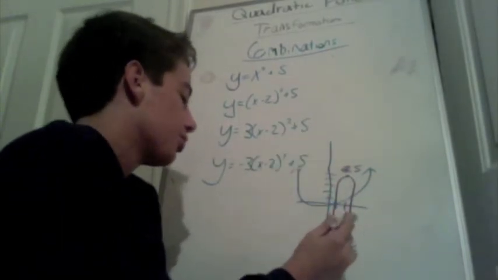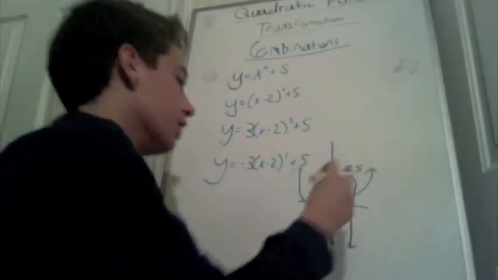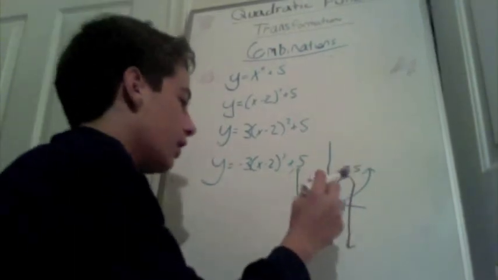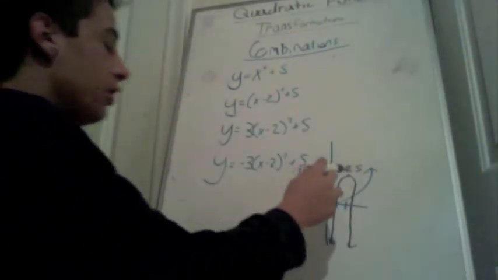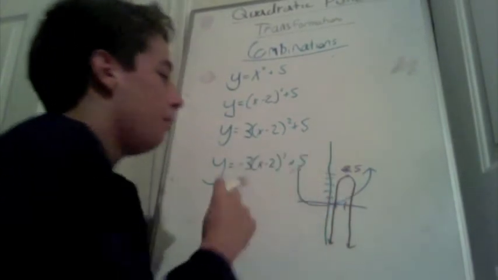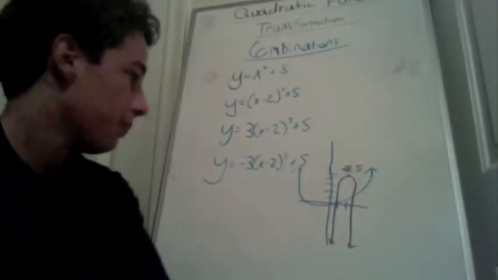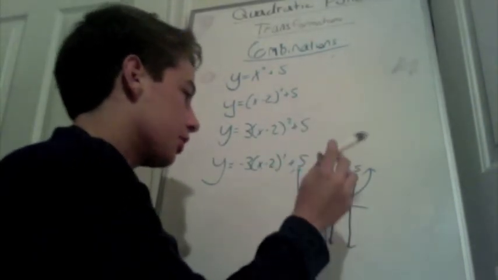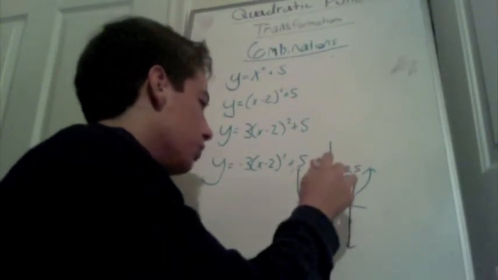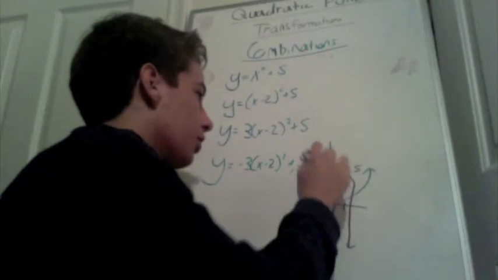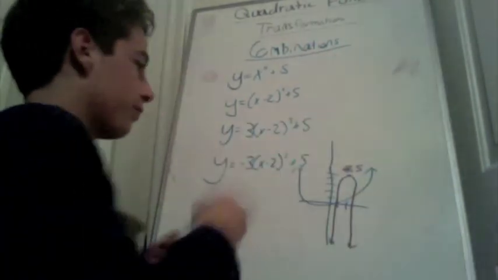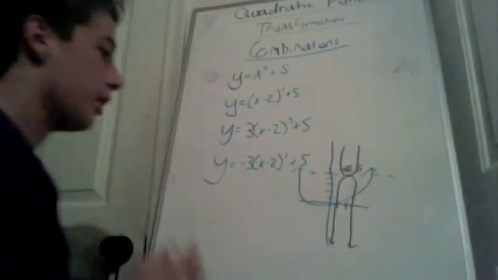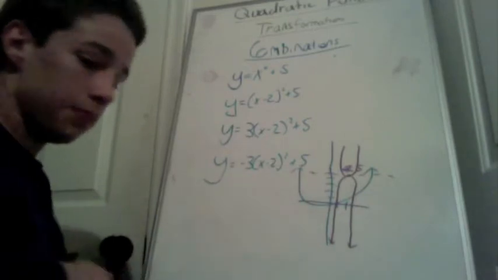We have the vertical stretch, which means we're stretching upwards, so our graph will be more narrow. And we have the reflection, which I might have messed up on earlier. We don't actually reflect over the x-axis. We just reflect it from where the vertex is. If it weren't reflected, it might look like that. But we did reflect it over that imaginary line, so now it looks like this.